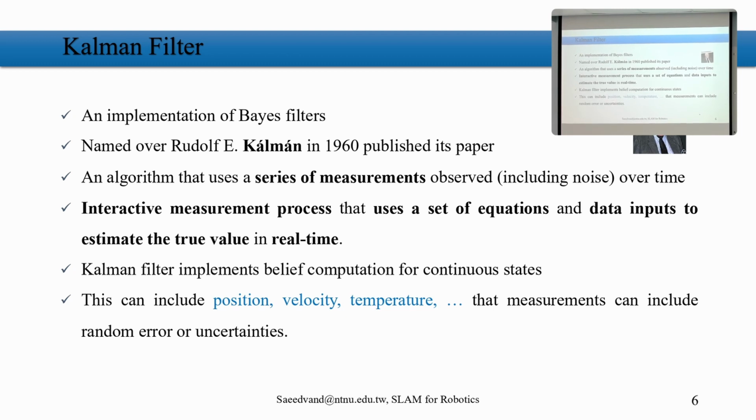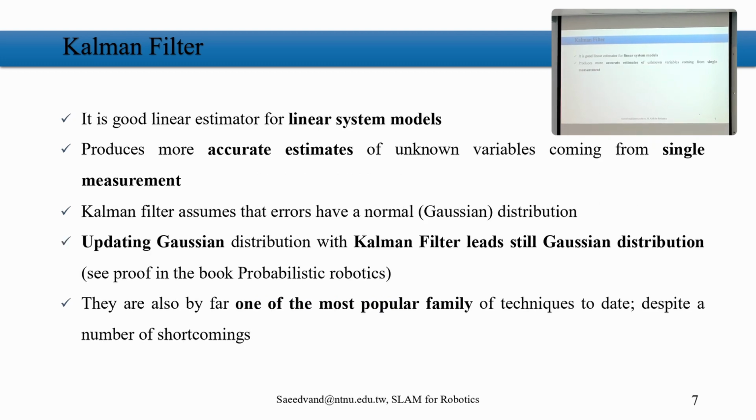We said this can include position, velocity, temperature, or whatever we want to measure. We said that it is a good linear estimation model, and produces accurate estimation of the unknown variables, with new data coming in an online way to update our belief of what the data should be.